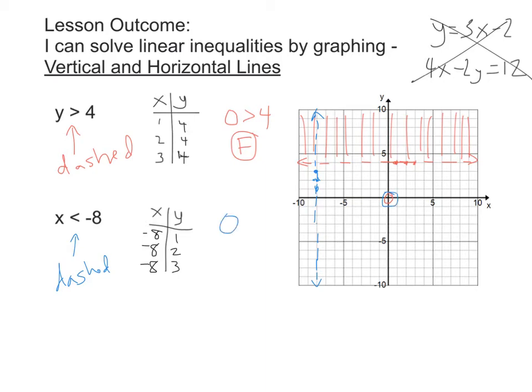Is 0 less than -8? No, 0 is not less than -8. 0 is bigger, and so this is, again, false. So I'm not going to shade where 0, 0 is, which means I'm going to be shading in this direction.